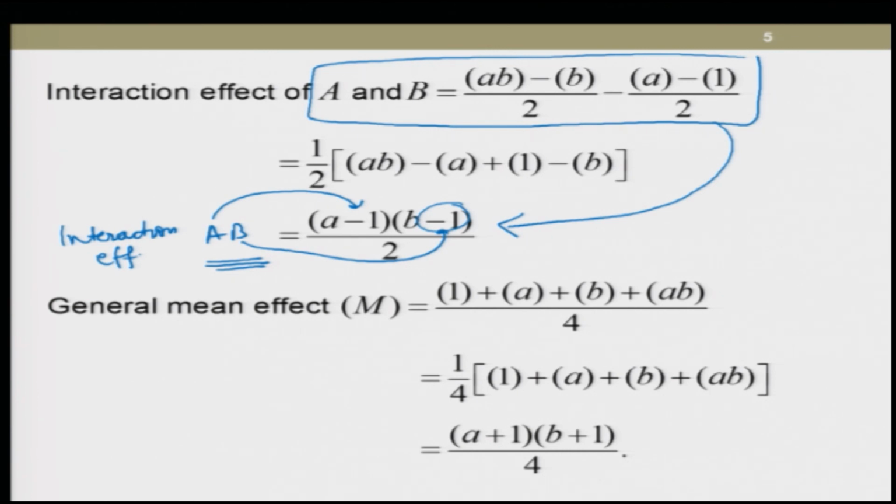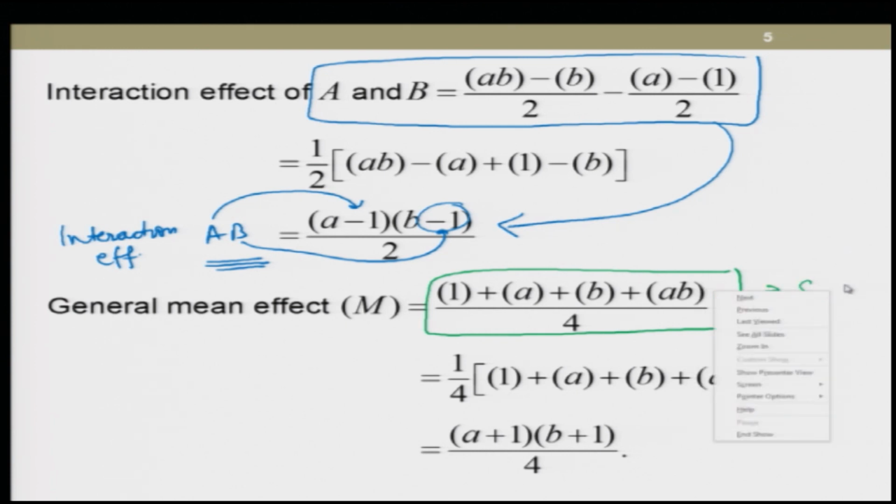And the final expression we had obtained in the earlier lecture was the general mean effect, which was simply the mean of all the observations. There were 4 observations, so their sum is obtained in the numerator and it is divided by the total number of observations, which is 4.